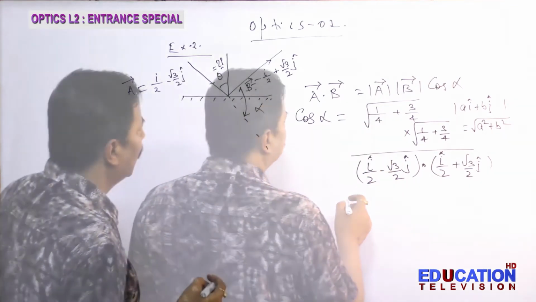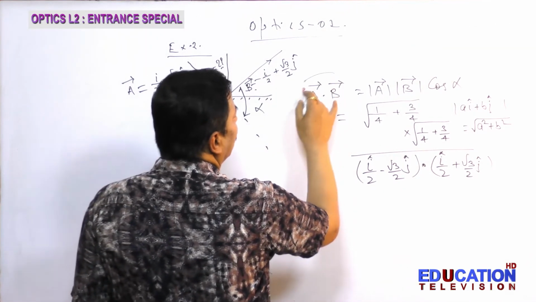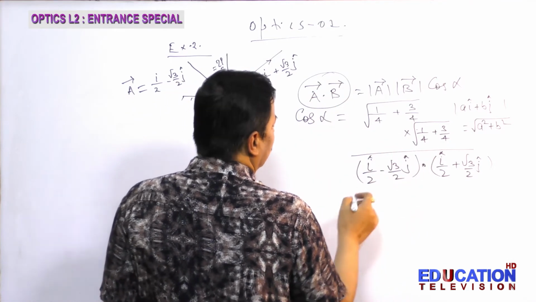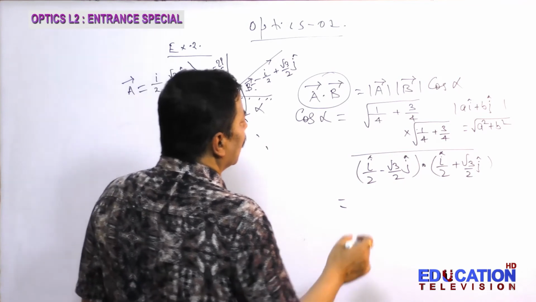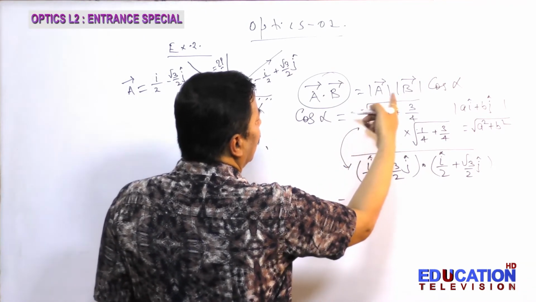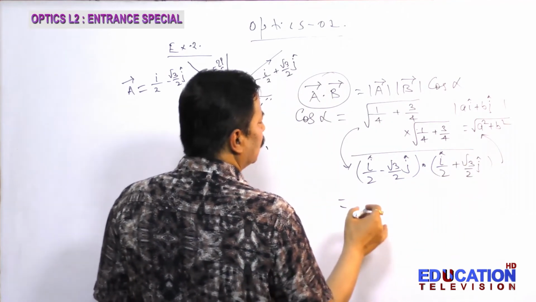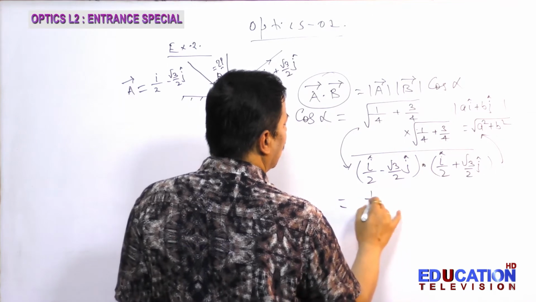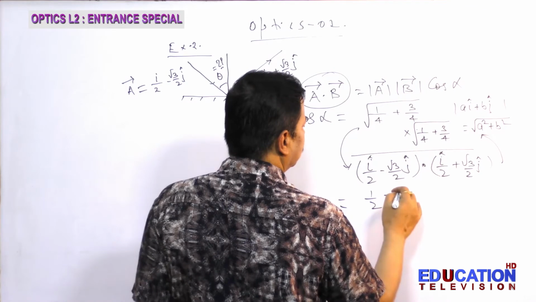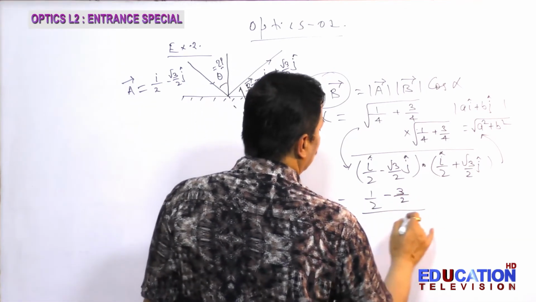I have made a mistake here. This should be in the numerator and this should be in the denominator. So A dot B goes in the numerator, and the magnitudes of A and B go in the denominator. i dot i gives 1 by 2 times 1 by 2, and j dot j gives minus 3 by 4 over 1.